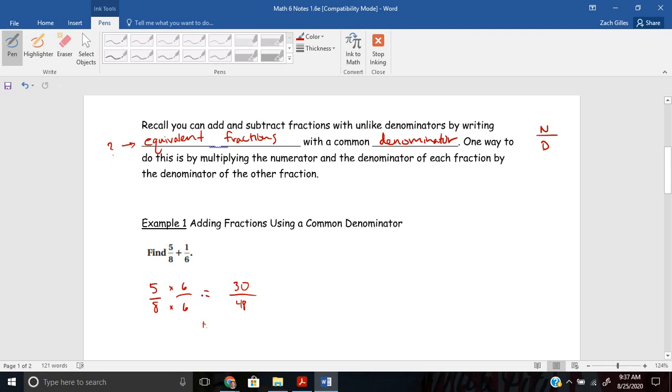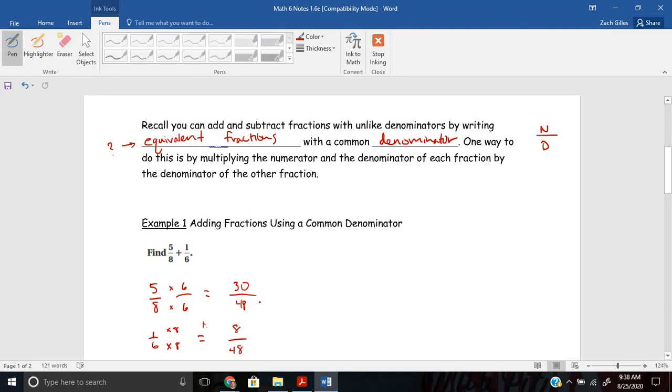All right. We did that to the first, so we multiplied our first fraction by the denominator of the other fraction. Let's do it the other way. So we're also going to take 1/6, and we need to multiply it by the denominator of the other fraction, which is 8. So I'm going to multiply by 8 on top and bottom. Remember, that's essentially like multiplying by 1, so that's why it's equivalent. 1 times 8 is 8 over 6 times 8 is 48.